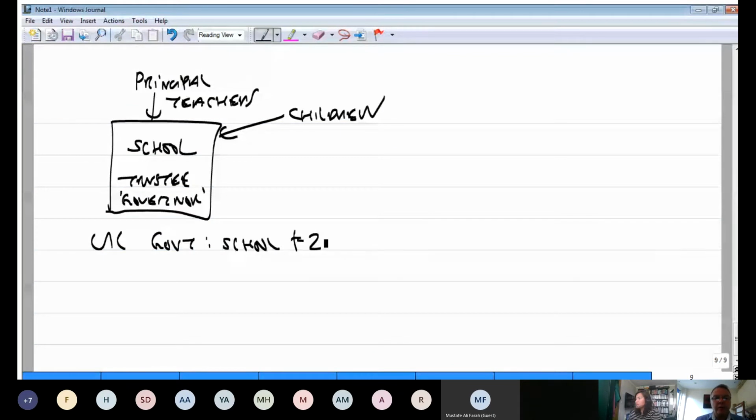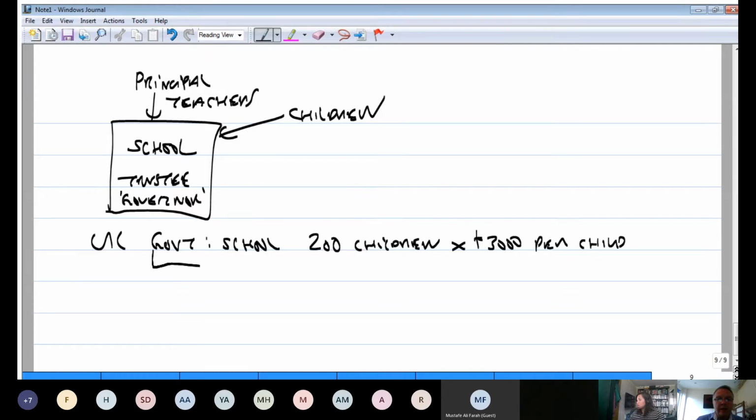We have, let's say, 200 children in our school. So the UK government says, okay, we will give you £3,000 per child. So the UK government gives the school £3,000 per child.